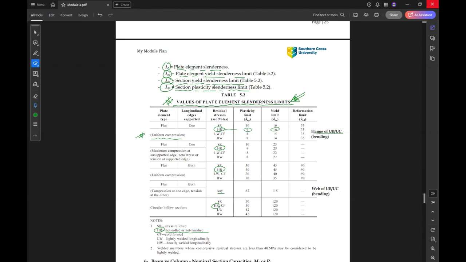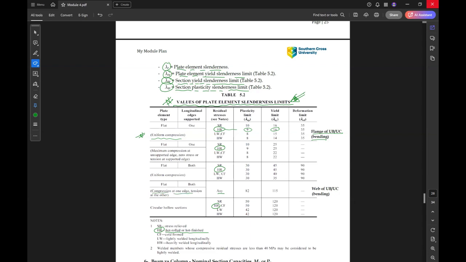This is for the flange of UB and UC sections in bending. Okay, so these are the values for the flange and for the web.